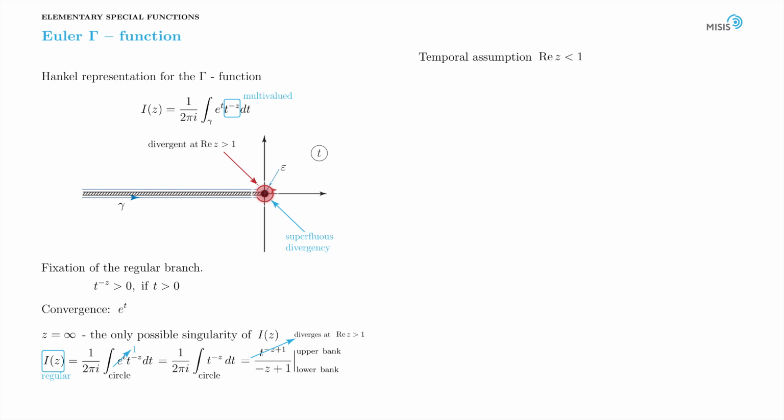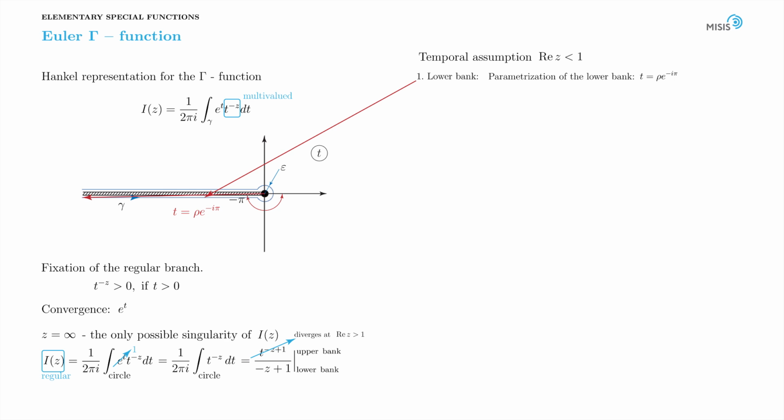Let's now do the calculation. First, let's work it out along the lower bank of the branch cut. The argument of t is negative pi, and as a result, we introduce the natural parameterization of the contour: t equals rho times e to the minus i pi, where rho is the modulus of the complex number.